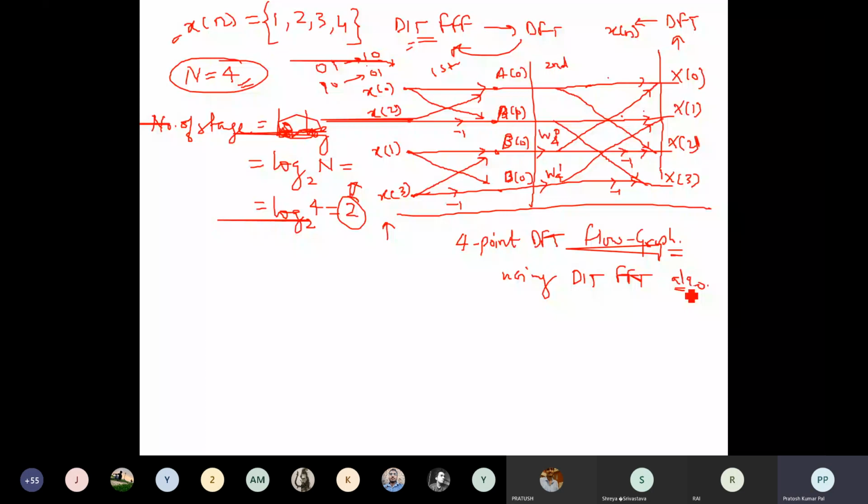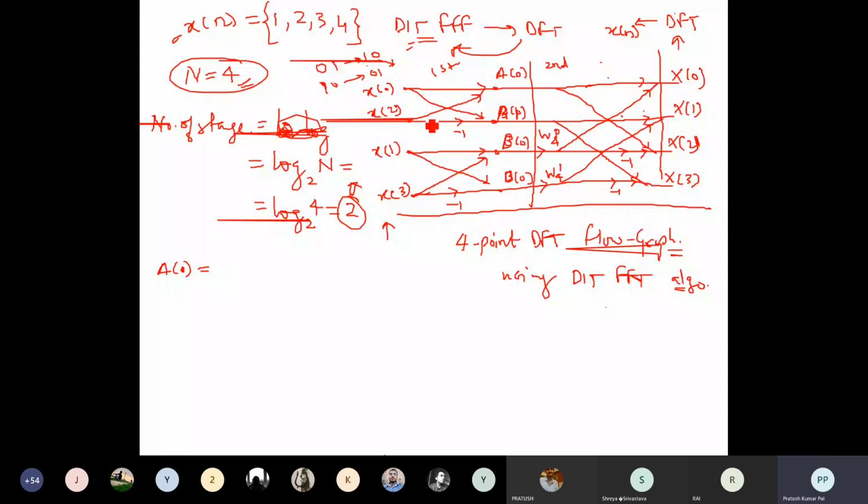Okay, so we will see how we can calculate A0. So this A0 value will be equal to x0 plus x2.